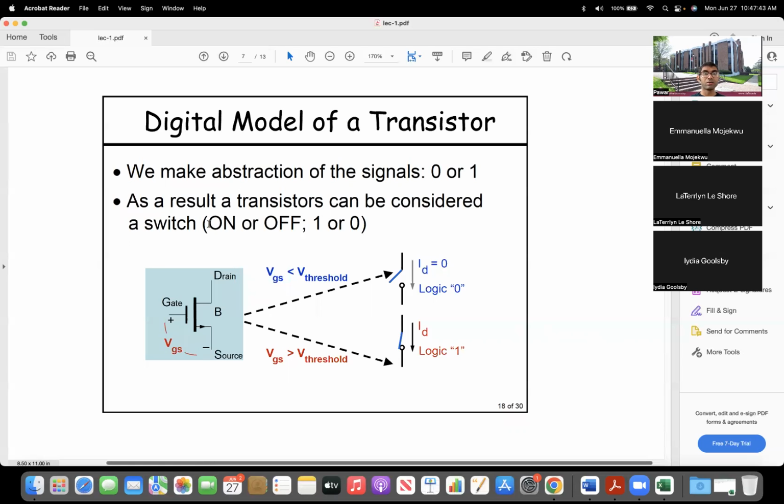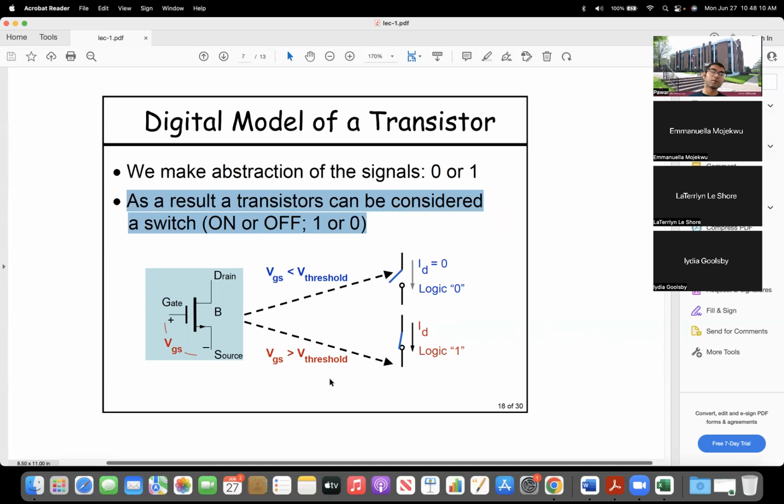One example I gave is this switch. You have a light bulb and you switch on, you switch off. You tag switch on as one, and switch off as zero. When you have one, there is a flow of current. When you have zero, there is no flow of current.